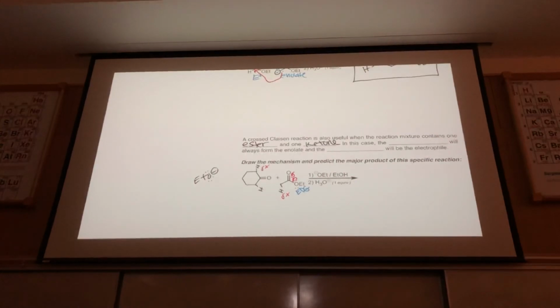So it would be better to draw this one really tiny, and to draw this one, just to overemphasize it, really big. Right? So smaller delta plus on that H. The base is less attracted to it. So electron donating group, therefore alpha H nearby is less acidic.